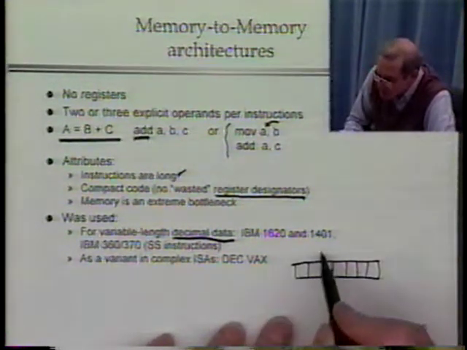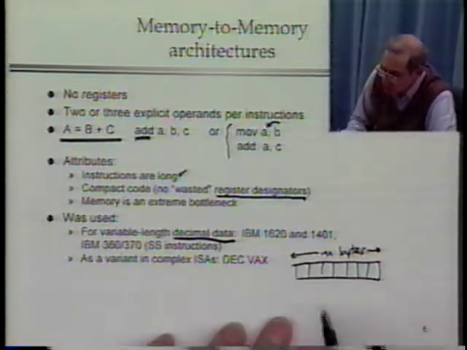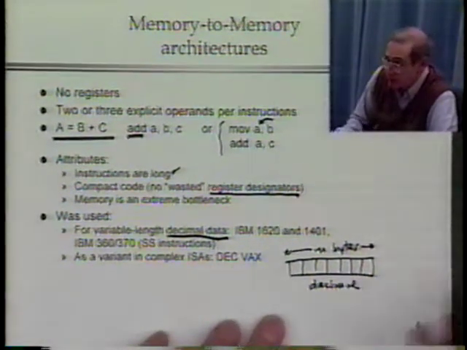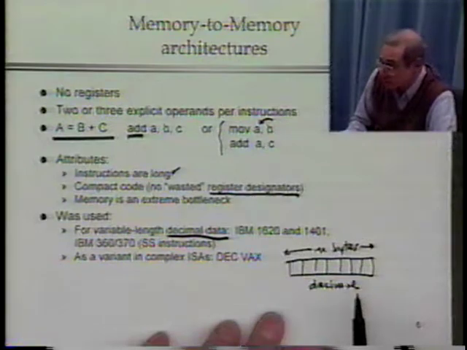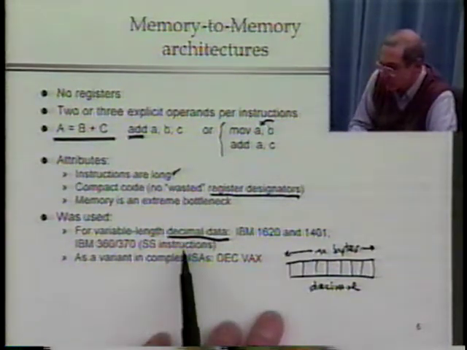Any particular number might be n bytes wide, which makes doing stacks or register machines extremely problematical because you don't know how big to make the register or how wide to make the entry on the stack. So in fact, memory-to-memory architectures are perfect for that sort of thing.